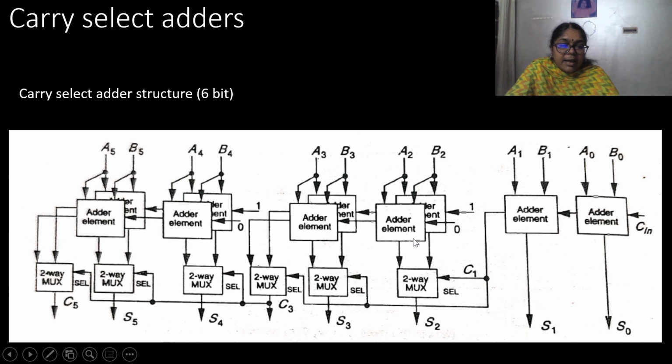Now whether the first adder element output has to be chosen or the second adder element output has to be chosen, that is decided by this two-way multiplexer, that is 2:1 multiplexer, to which C1 is being given as the select line. So if C1 is equal to 0, first adder element outputs are going to be selected. Similarly, if C1 is equal to 1, the second adder element outputs are going to be selected.